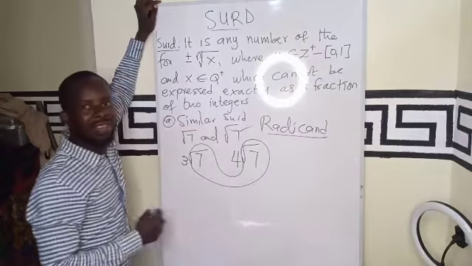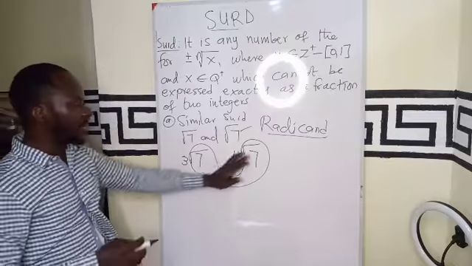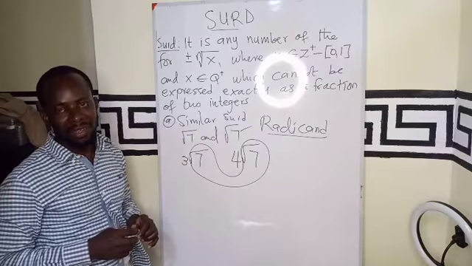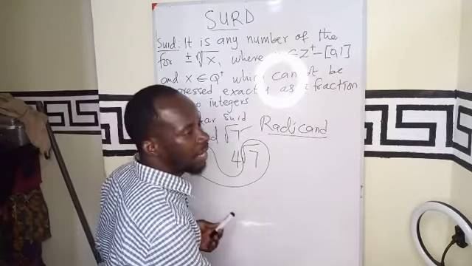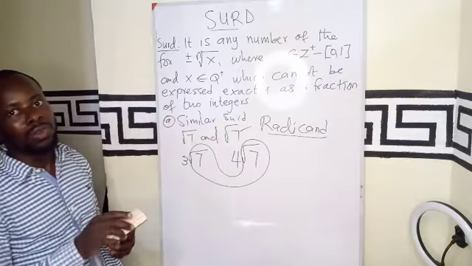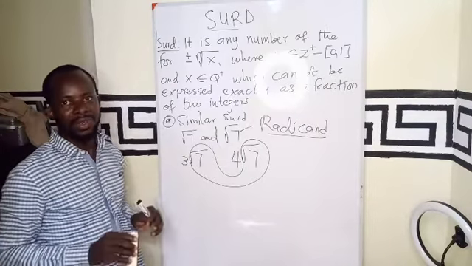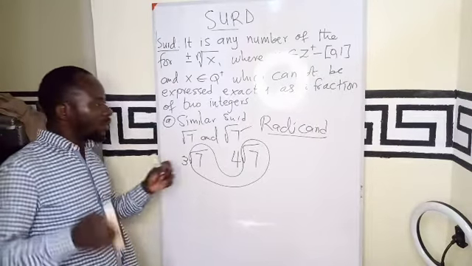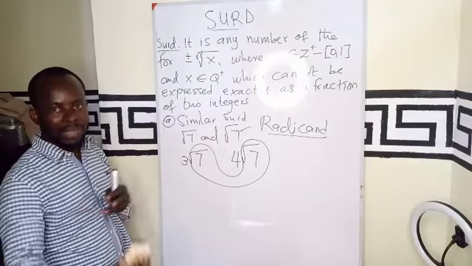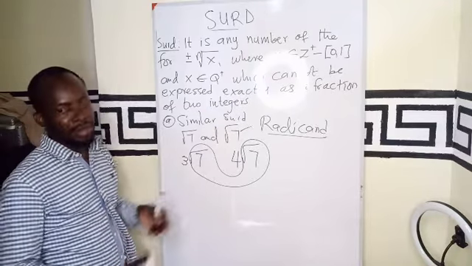So the moment the radicands are the same, these are similar surds. That's why we can easily operate them when we come into addition and subtraction.